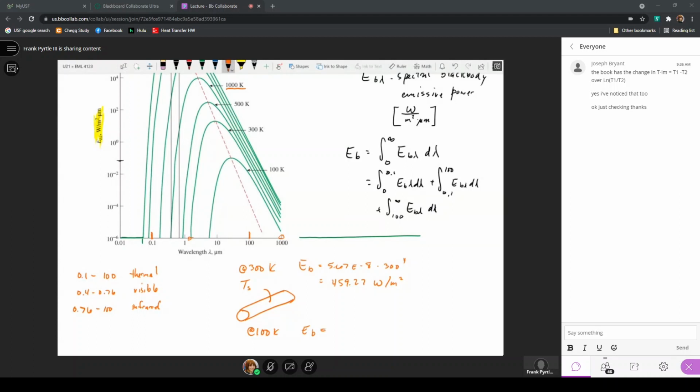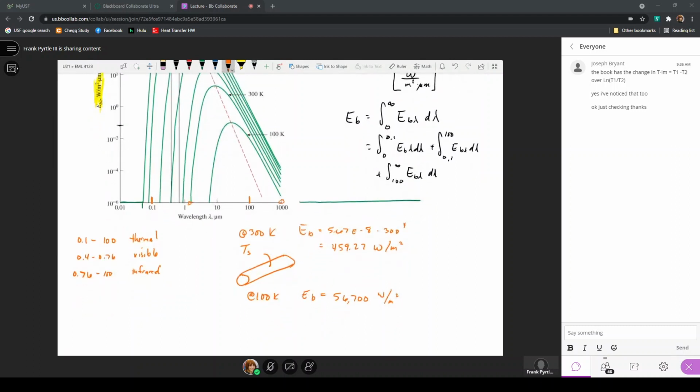And here, this black body emissive power is now 56,700 watts per meter squared. So I go from 300 Kelvin with a black body emissive power of 459.27 watts per meter squared to, at 1,000 Kelvin, a black body emissive power of 56,700.